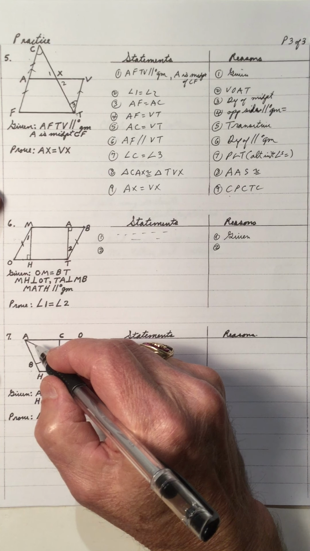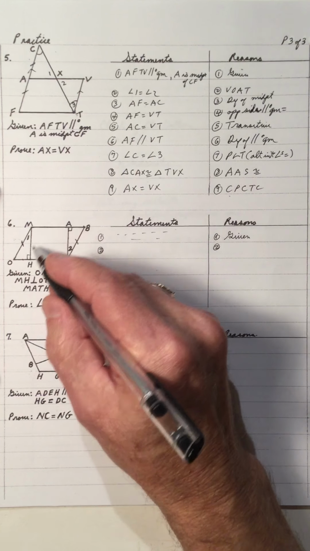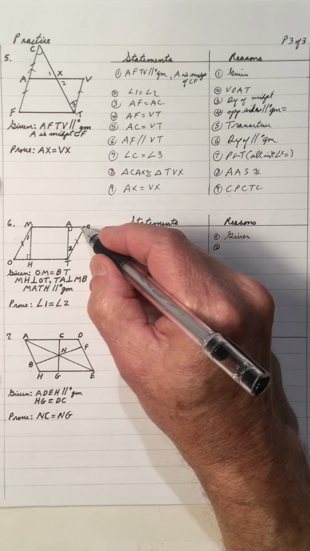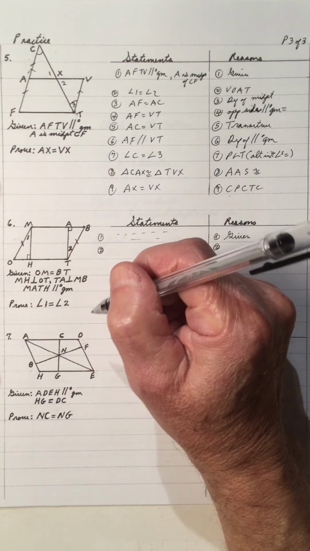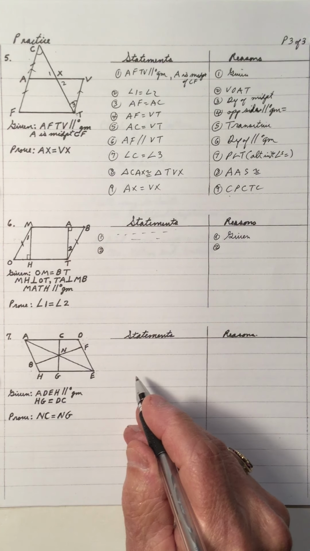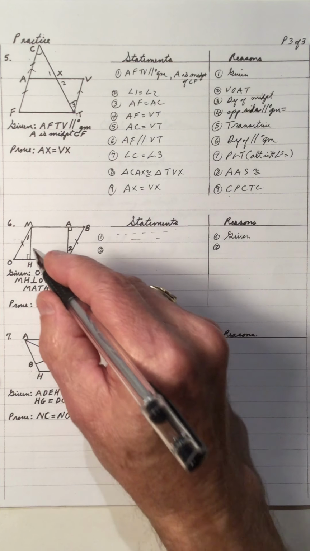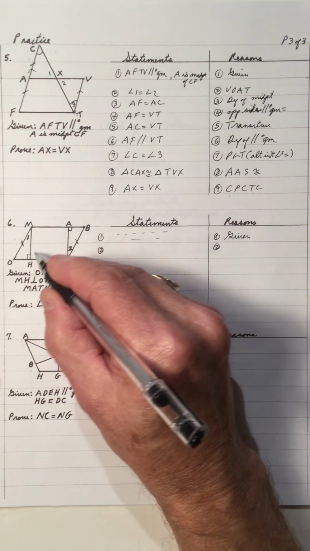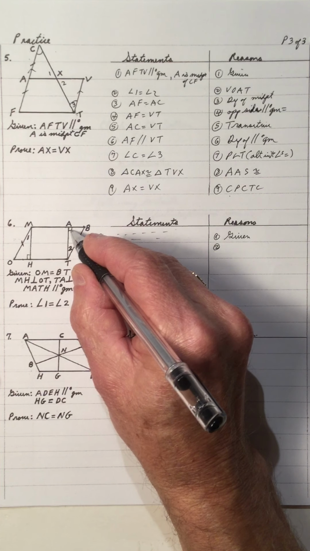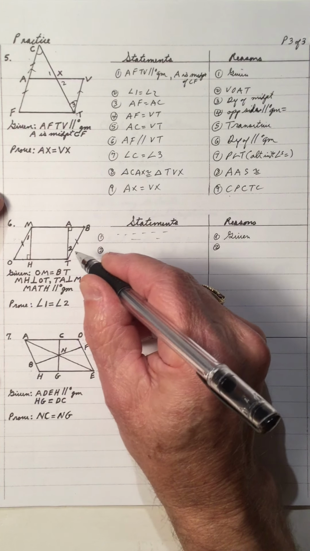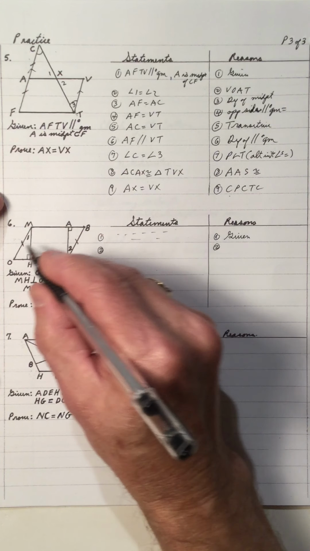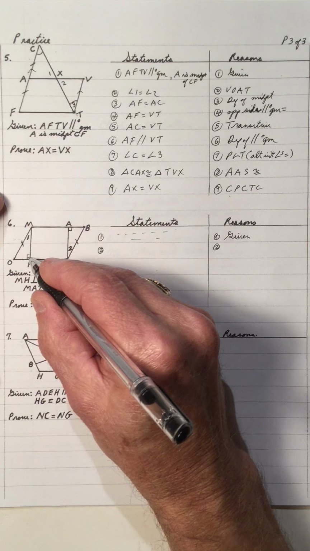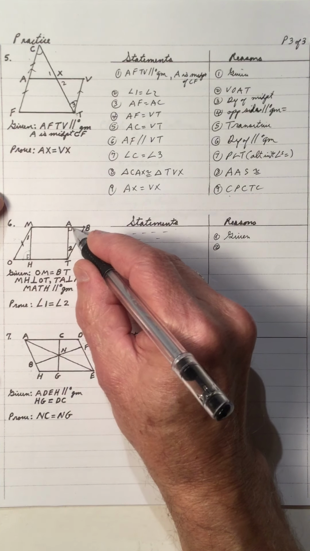Or let's say MHO is going to go with TAB because A got to go with H. Okay. So how do I get? I could say that these are right angles and they're equal. Let's see. Okay, if I say they're equal, I got this side equals this. I got these two angles equal. Right, this angle right here equals to this one.